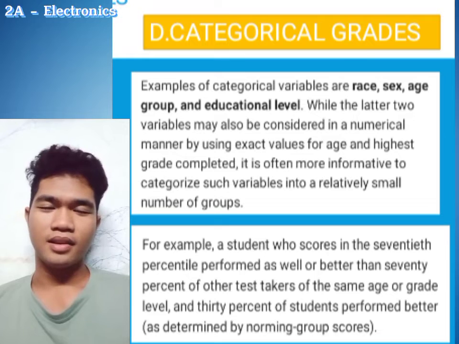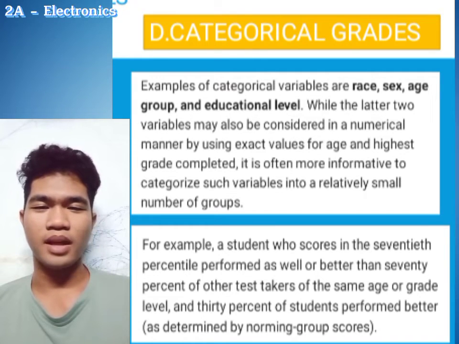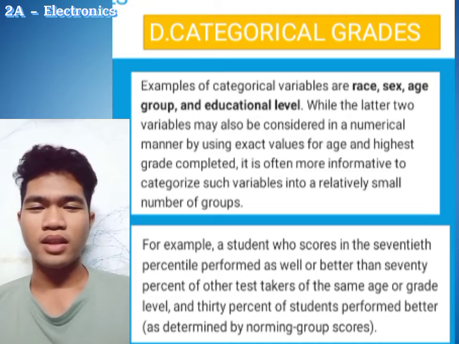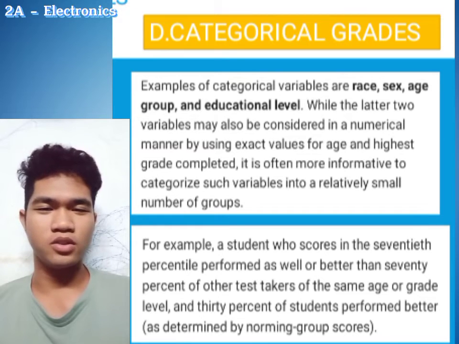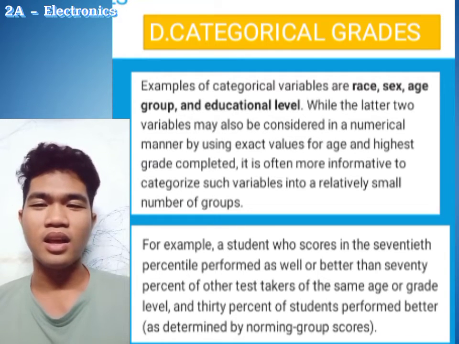D. Categorical grades. Examples of categorical variables are race, sex, age group, and educational level. While the latter two variables may also be considered in a numerical manner by using exact values for age and highest grade completed, it is often more informative to categorize such variables into a relatively small number of groups.